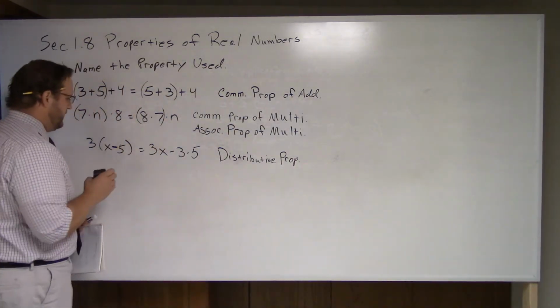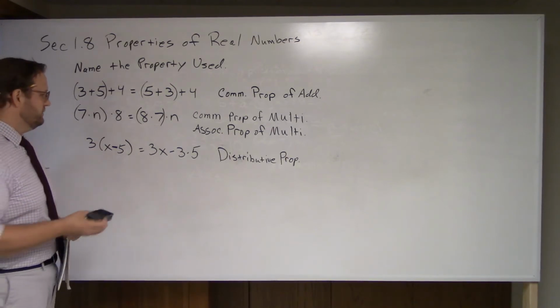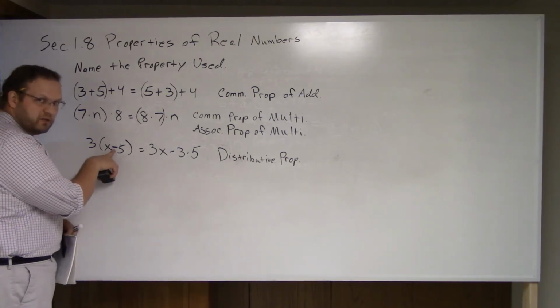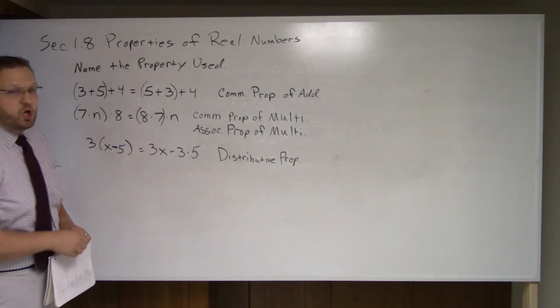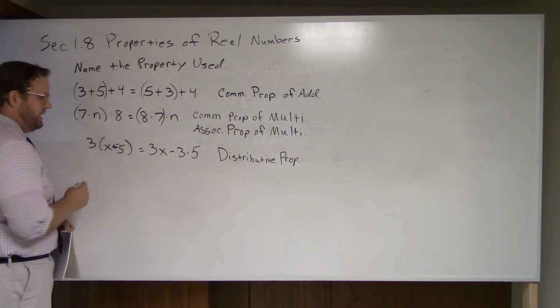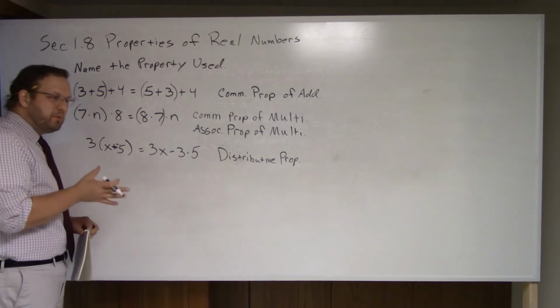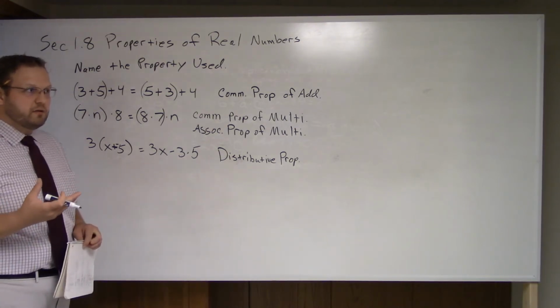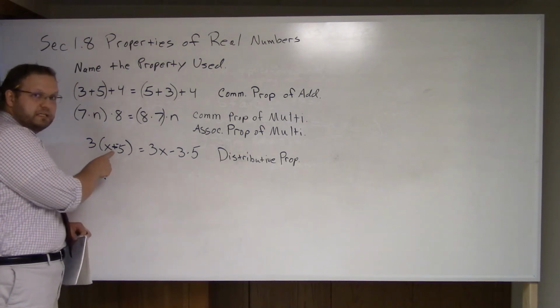And one other thing. It was distributive property of multiplication over addition, but some of you may be thinking, well, wait a minute, there's subtraction there. Remember, subtraction and addition go hand in hand because I could very easily change that to a plus negative 5. So when we say addition, typically subtraction is also being accepted within that because of this very easy switch.